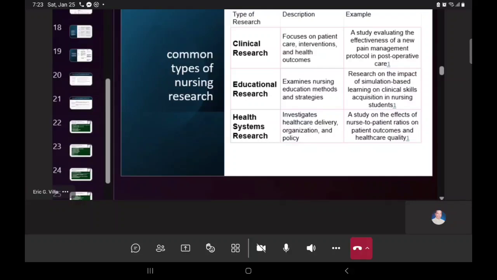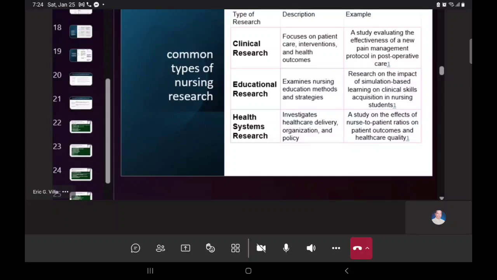Clinical research in nursing focuses on improving patient care, developing and testing interventions, and enhancing health outcomes. This type of research forms the scientific basis for nursing practice and directly impacts patient care.